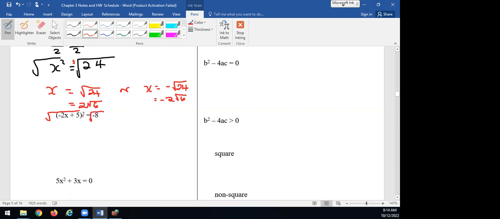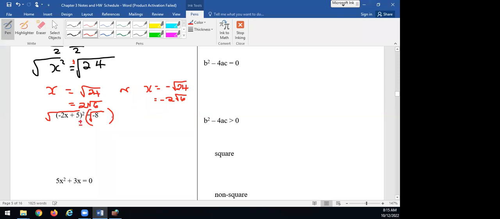And always remember that when you square root, this right here should be the plus or minus. I don't have any space to put it, so I'm just going to put it out here. Let me put it before it so it doesn't cause any confusion. Just remember it is plus or minus.